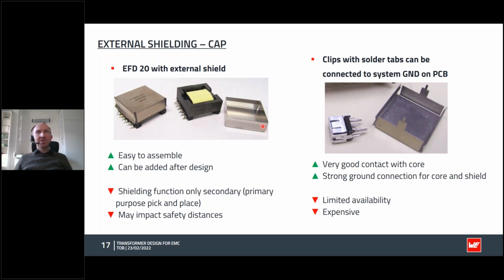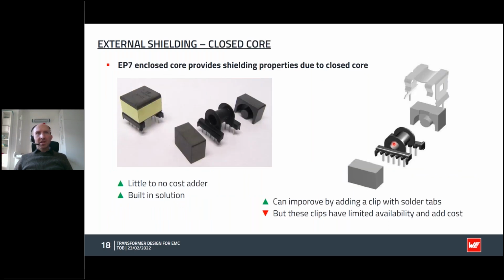But if we get some of those caps with solder tabs, then we can actually ground those. These are not so readily available and are a little bit expensive, so they wouldn't really be used unless we had to, but they can work in the case where EMC is a problem.